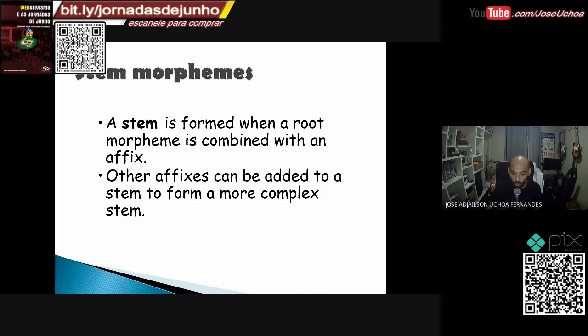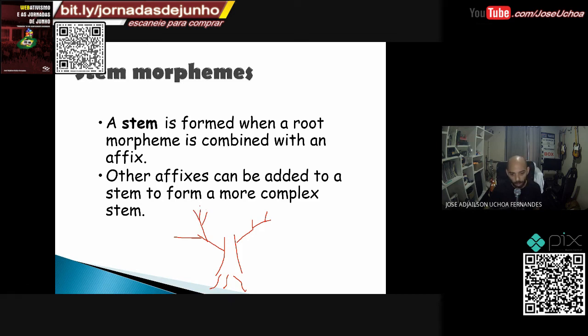Just imagine a tree. So we have the roots, the simplest unit. Now this tree derives into stems. And this stem can derive into more stems.